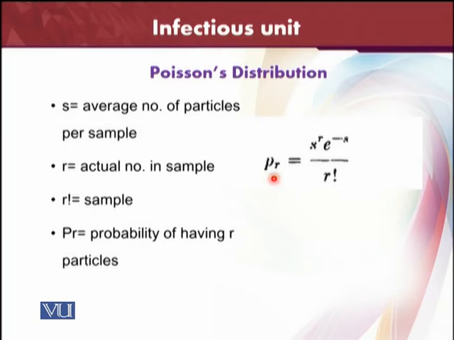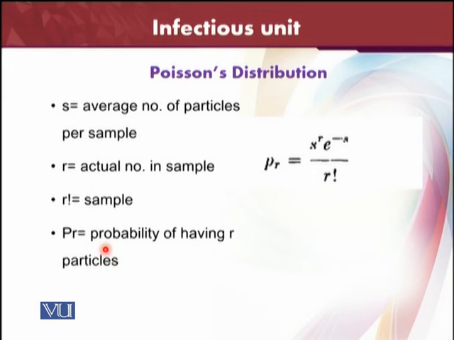P(r) is the probability of having the infectious particles, or the actual number of particles, which is called r, in the samples. So it will be P(r) equal to e to the power minus m, multiplied by m to the power r, divided by r factorial. So P(r) is the probability of having r particles.